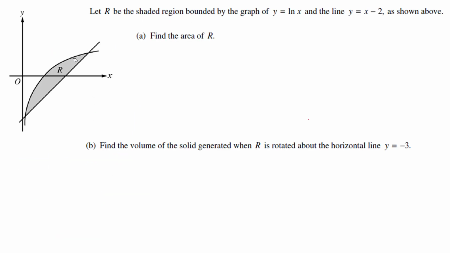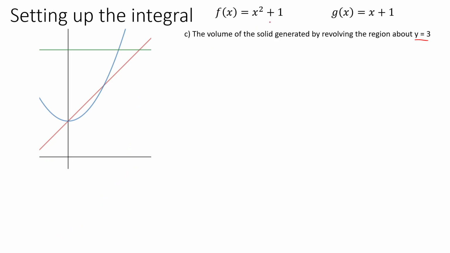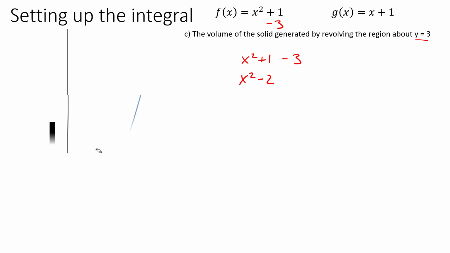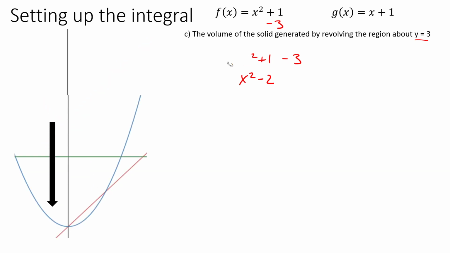So how do I take something and shift it down by 3 units? Well, we know from pre-calc, just take away 3. If I do x squared plus 1 minus 3, that has the effect of shifting that parabola down. It becomes x squared minus 2, so it shifts down by 3 units. So this is the idea: we're going to take our functions and move everything down.